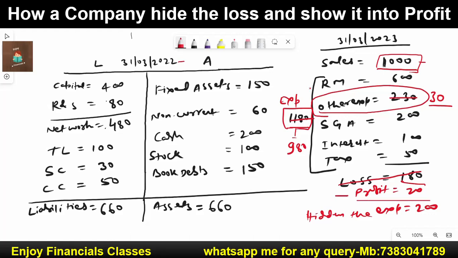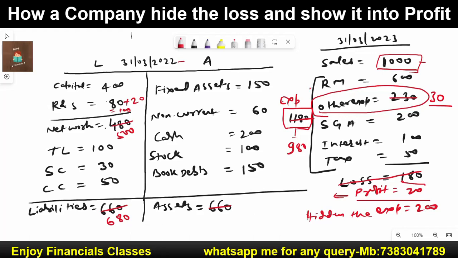So this 20 rupees, where will it go? It will go to reserve and surplus. So now 80 plus 20, the reserve and surplus is shown as total 100. So now the net worth of the company will be 500, not 480. So the total liability will be 680.